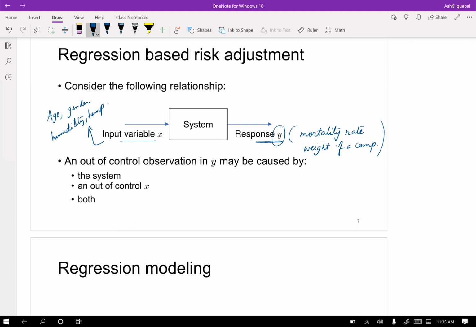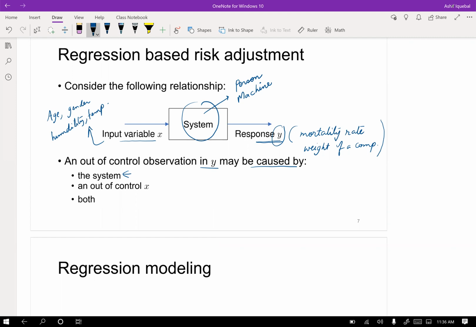But if you ask the question, why does an out of control observation come in Y? Then an out of control observation in Y may be caused by two things. Either the system, which can be a person or a machine, or it could be caused because there's an out of control X. What it means is, let's say you have a manufacturing process and you have set the input temperature, right?